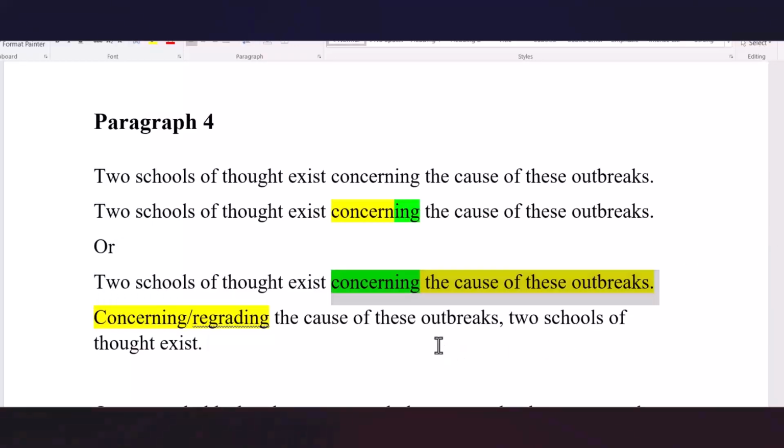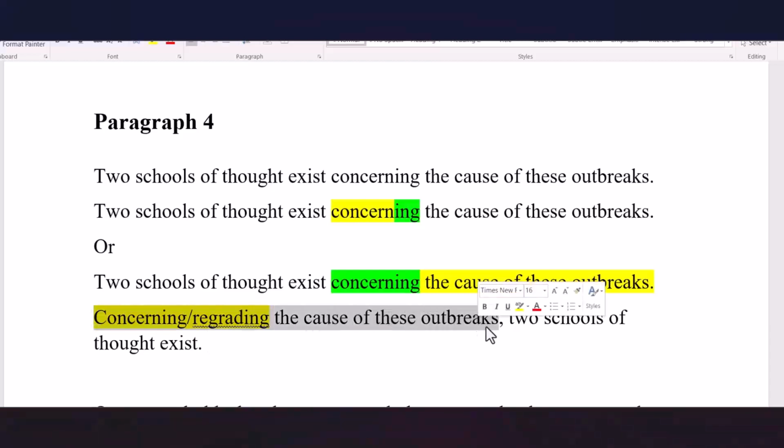And when we have such a prepositional phrase, we can change the place of the clause, making this sentence. Actually, I want to say that we can say: concerning the cause of these outbreaks, comma, two schools of thought exist.